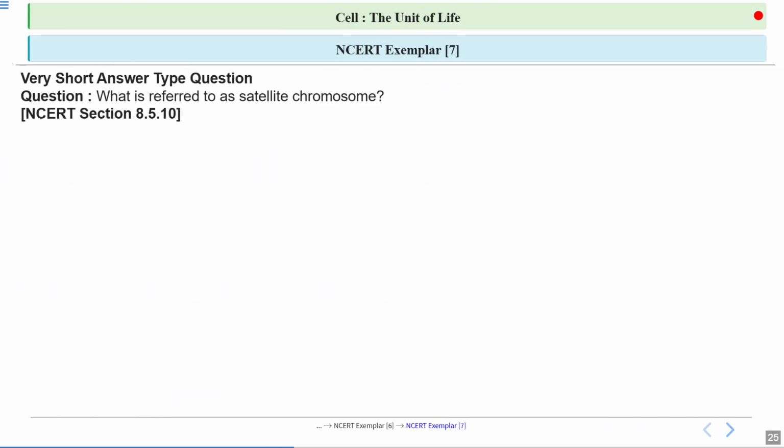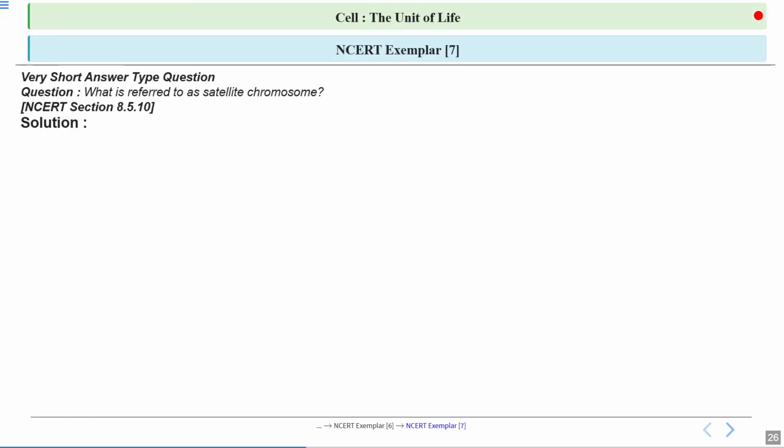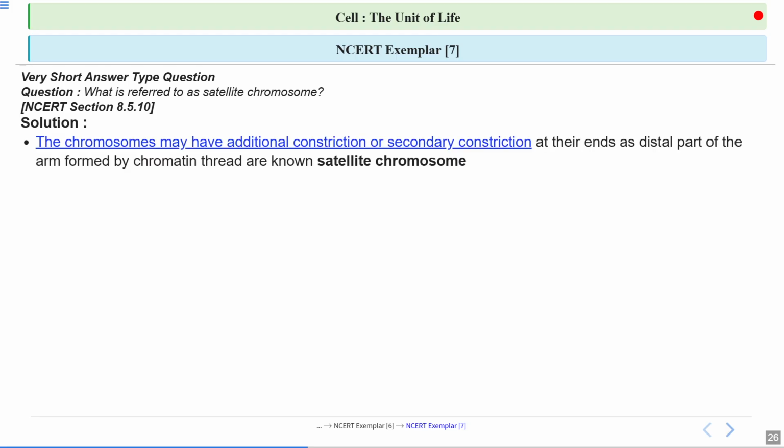Next question: what is referred to as a satellite chromosome? A very, very important question, coming from section 8.5.10. Chromosomes may have an additional or secondary constriction.